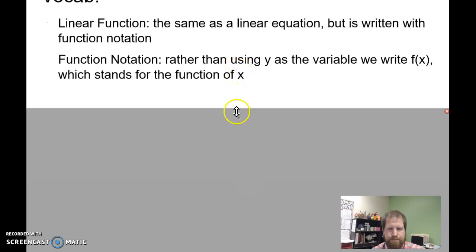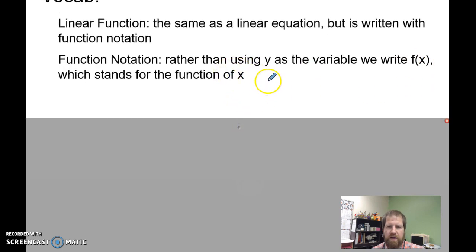The function where x is my independent variable. So if I have an expression y equals 2x plus 1, and this is a linear equation, I can write it as a linear function by using function notation to replace my y: f of x equals 2x plus 1.